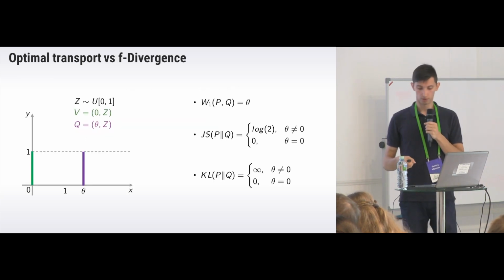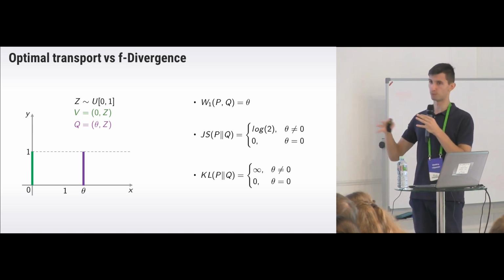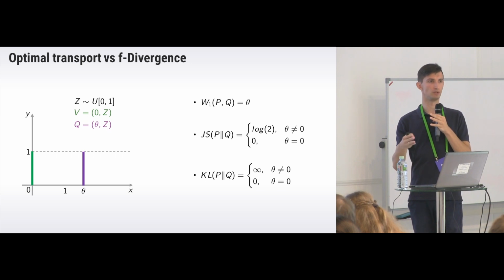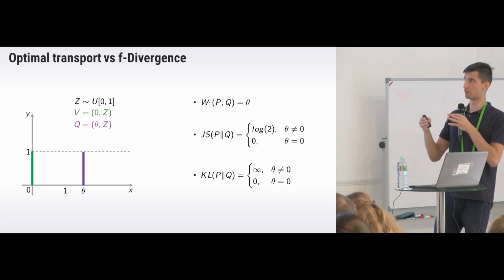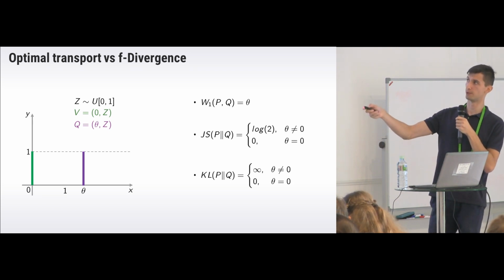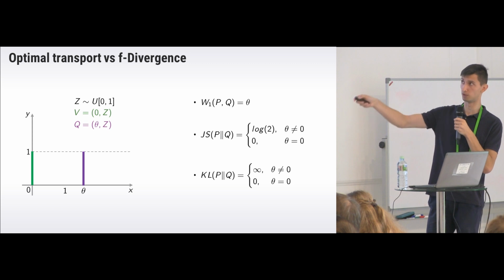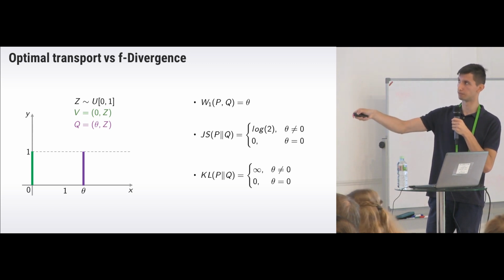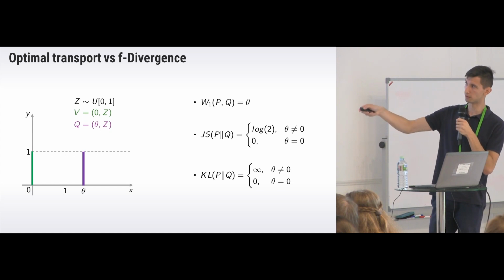Just to give you a sense of why people need all these different divergence metrics, why don't we have just one of them? Their properties are a little bit different. Consider this example. We have two random variables, V and Q. V is a uniform distribution defined on this segment. So we have a 2D plane, and V is defined as uniform on this segment. And Q is defined as uniform on this segment.